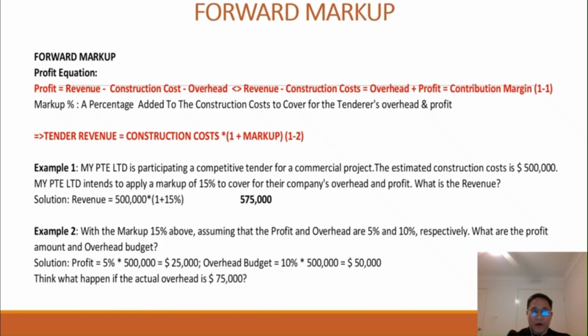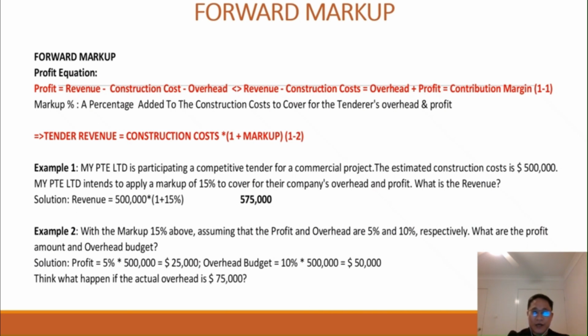And the following example, with the markup of 15% above, assuming that the profit and overhead are 5% and 10% respectively. What are the profit amount and overhead budget? And here it is very straightforward.